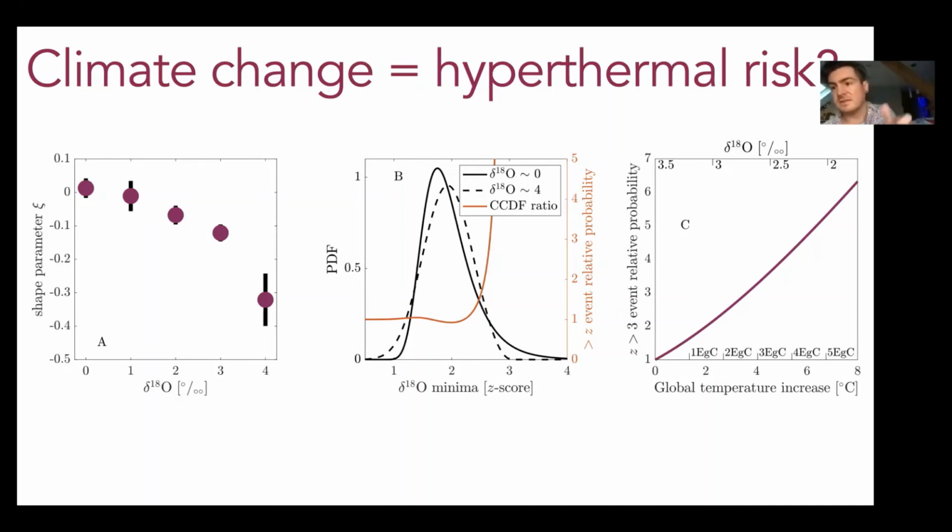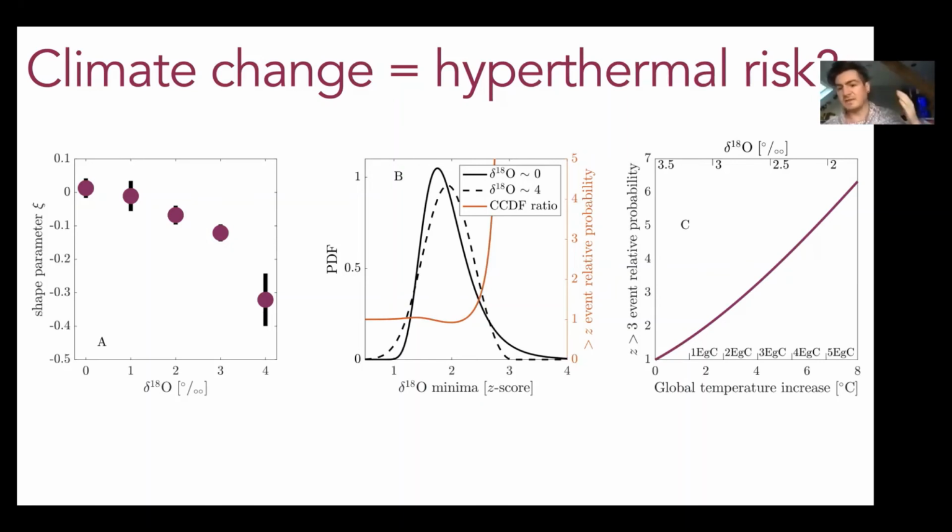So we can think about this in terms of extremes by looking at the relative probability of getting an extreme event that's more than 3 standard deviations above the mean. And what we see is that as you warm the Earth, your relative likelihood of one of these big extreme temperature events happening goes up substantially.